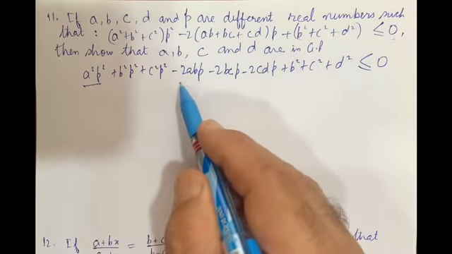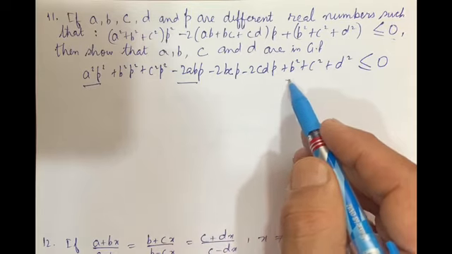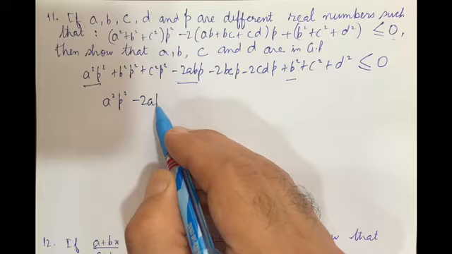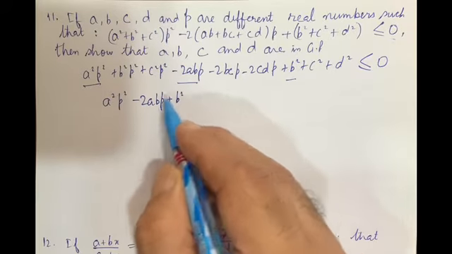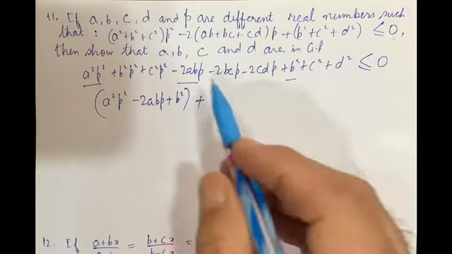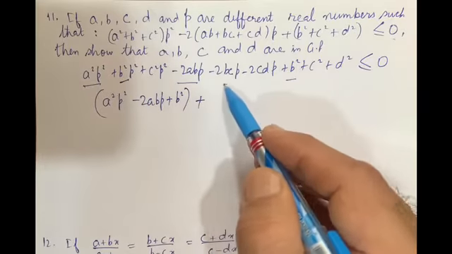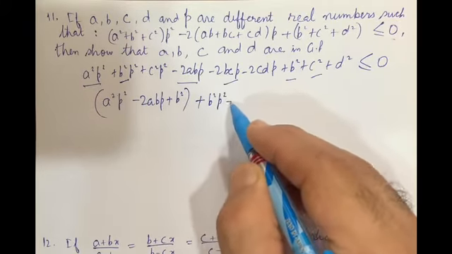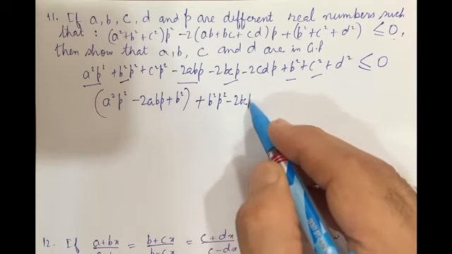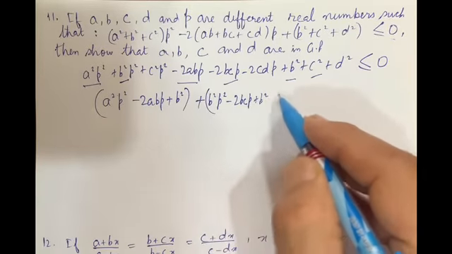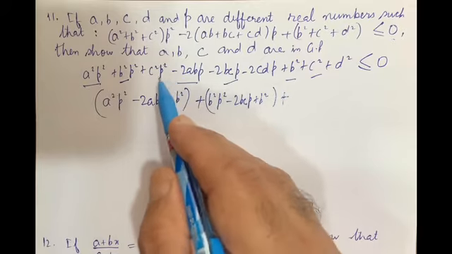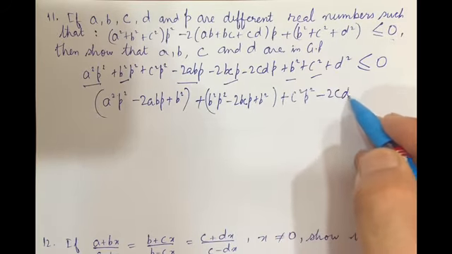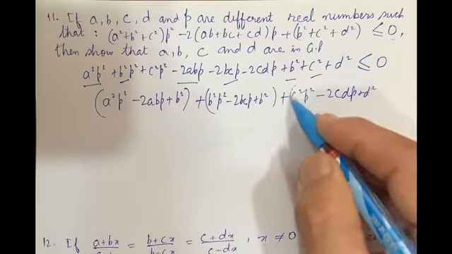Now we combine these terms, and we have a square p square minus 2abp plus b square, then b square p square minus 2bcp plus c square, and c square p square minus 2cdp plus d square.